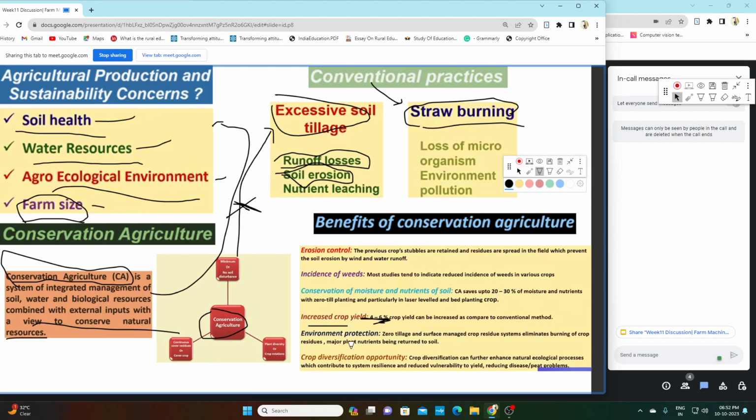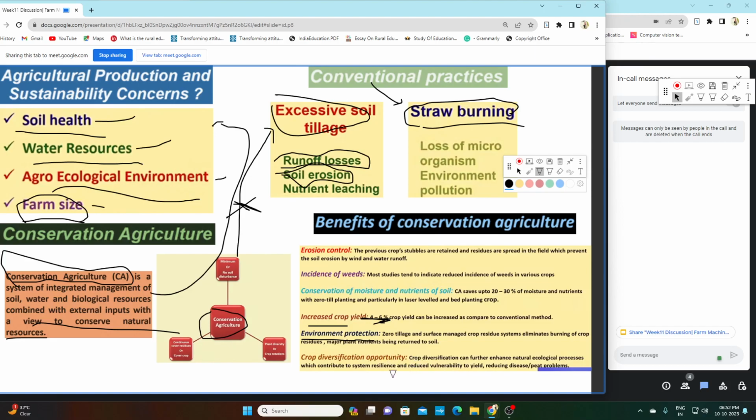Fifth is, of course, reduced environmental pollution, because whenever we keep continuous crop residue and do not burn straw, we are protecting our environment. Then last is crop diversification opportunity. Whenever we are doing crop rotation, we are doing crop diversification.